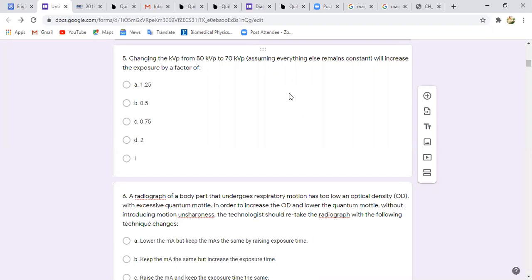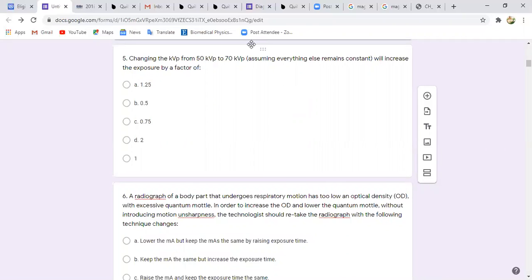How do we know about the 15% rule? The 15% rule states that if you increase the kVp by 15%, the exposure factor doubles. If you increase the kVp by just 15%, the exposure factors double.